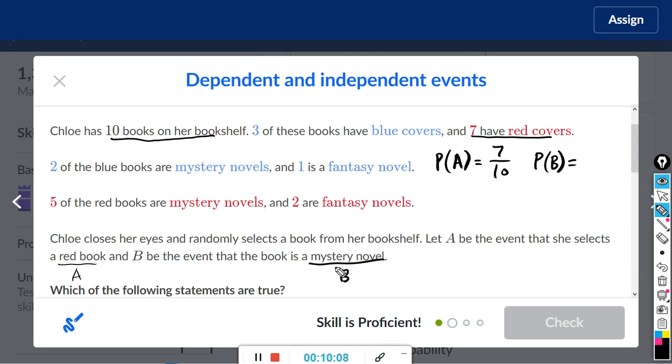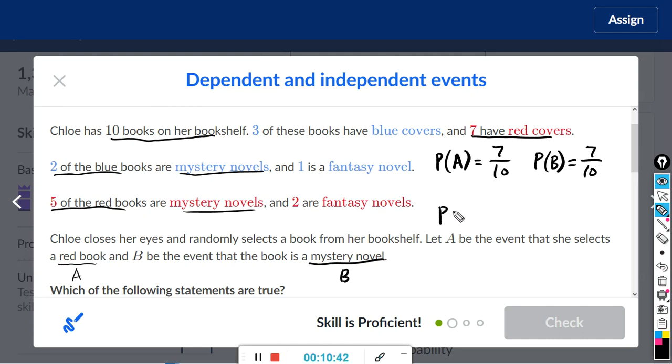For the probability of B, the chance of selecting a mystery novel, let's see. Out of the 10, 2 of the blue books are mystery novels, and 5 of the red books are mystery novels, okay? So 2 plus 5 is 7. There's 7 mystery novels out of 10 books. So the chance of selecting a mystery novel is also 7 out of 10. Okay, it's just a coincidence that they happen to be the same.